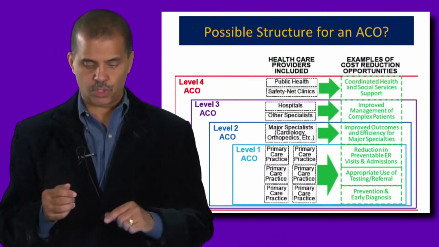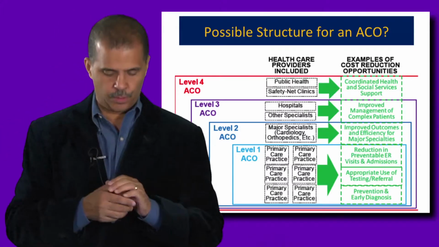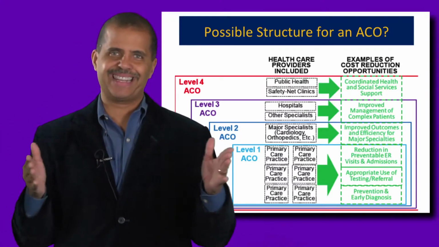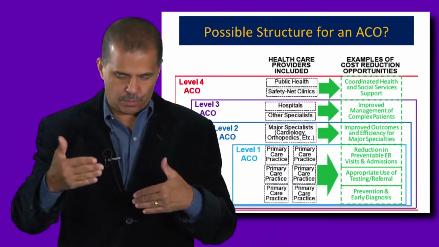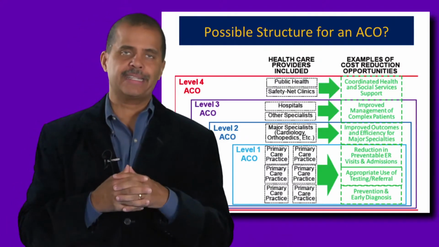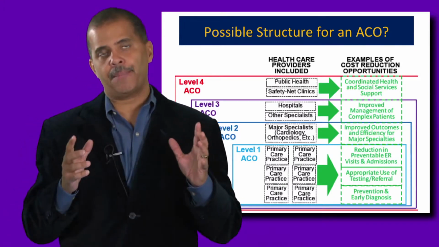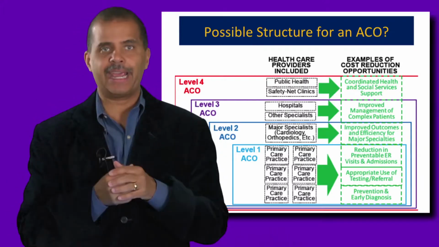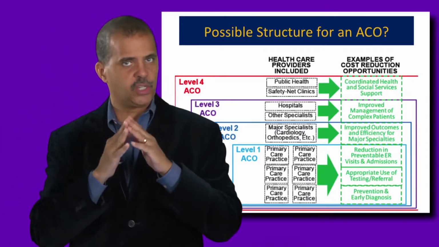So what's the possible structure for an ACO? This really is a developmental model, if you will. Level 1 is kind of what we're doing right now. Level 2, beginning to move in that direction. Level 3, some of the leading edge ACOs are moving in that direction. Level 4, in my mind, I would kind of scratch out ACO and put AHO. That ought to be your strategic target.